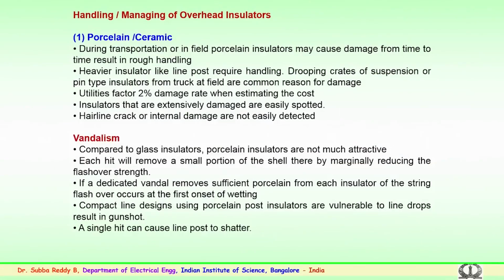So, we have till now discussed the various processes involved in the manufacturing of ceramic, glass and the more recent composite or polymer insulators which are being used for transmission. Various stages of the manufacturing have to be taken care of.